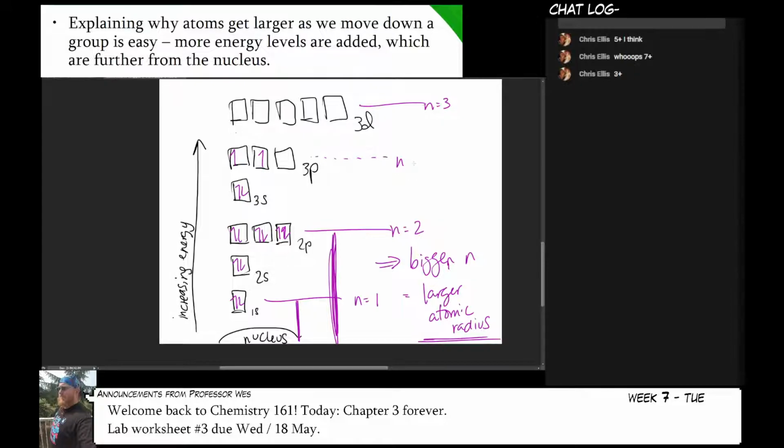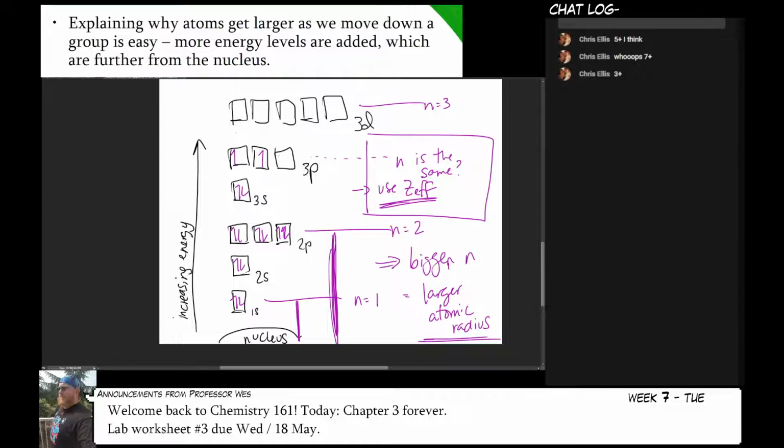So if everything is in the n equals 3 area, then the next step is to use the Z effective. So if you are comparing two atoms that have the same n, the next thing that you're going to use is the Z effective to compare their size.